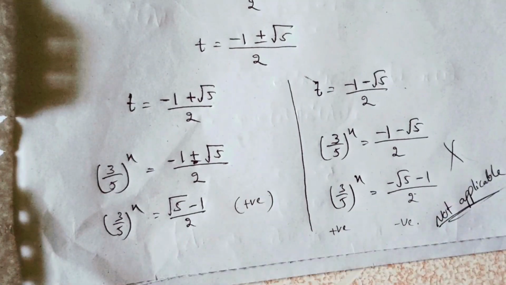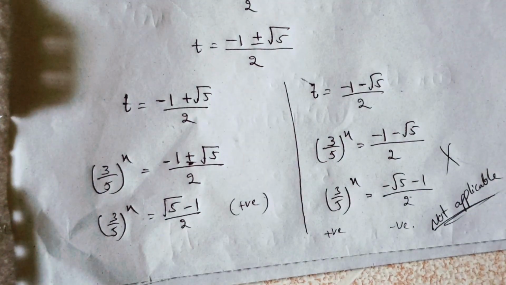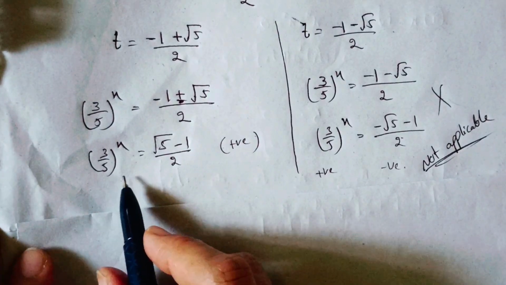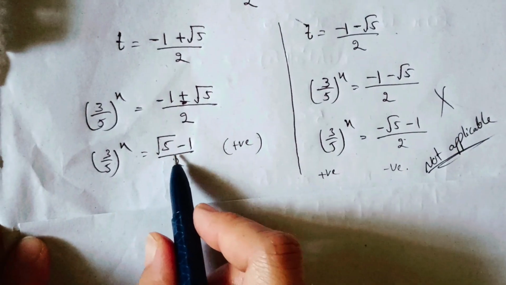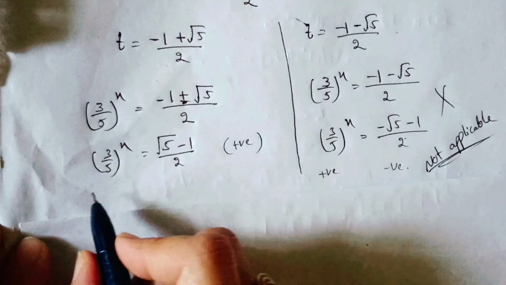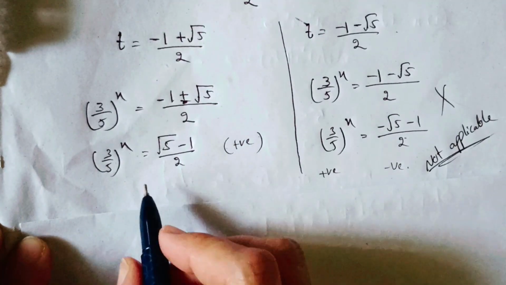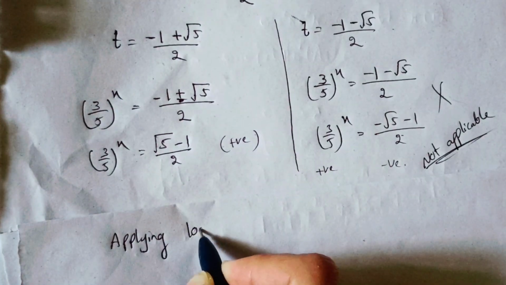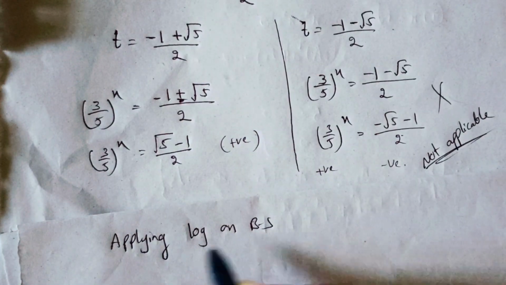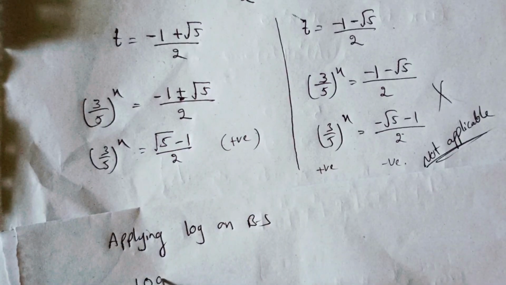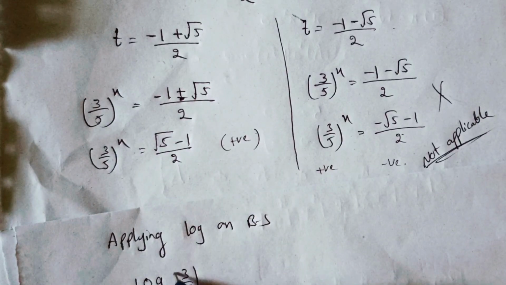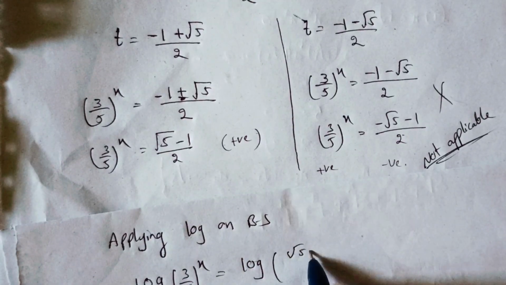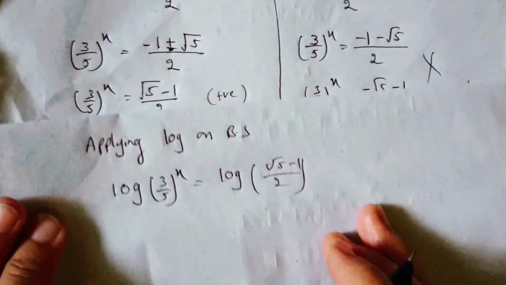Okay, so the next part will be (3/5)^x equals (root 5 minus 1) by 2. If you look, we can't do anything, so we apply log on both sides. Then it becomes log of (3/5)^x equals log of (root 5 minus 1) by 2.